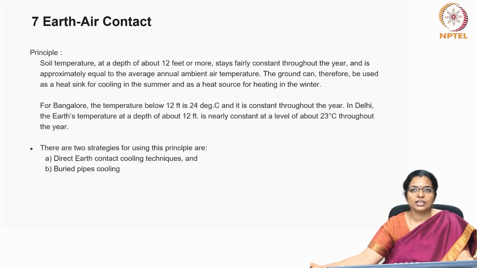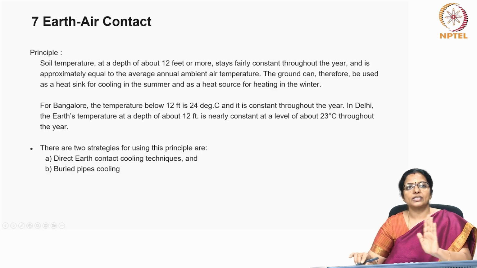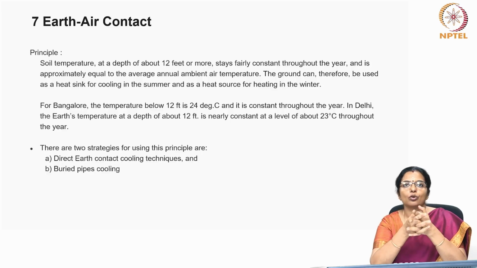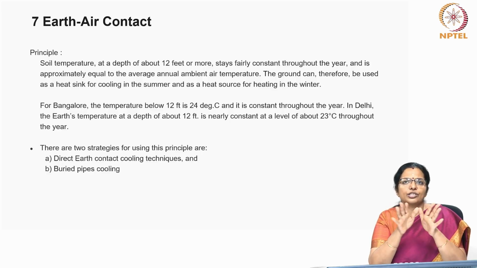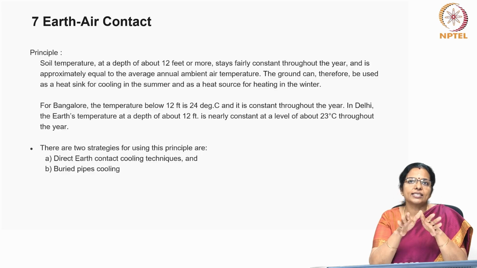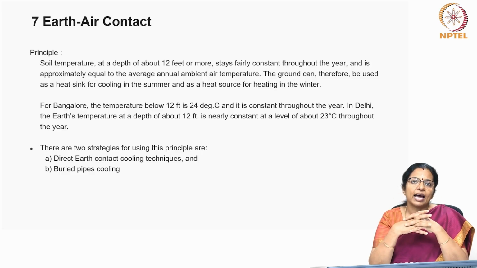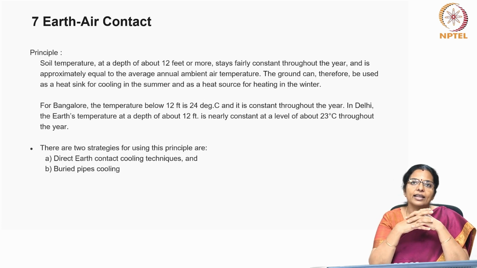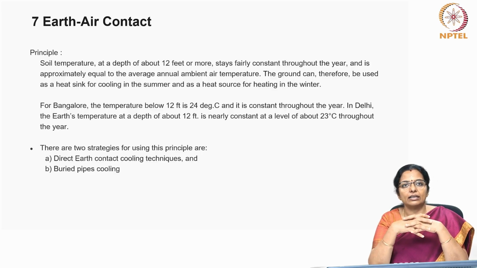Then you have earth-air contact. This works on the principle that the soil temperature at a depth of about 12 feet or more stays fairly constant throughout the year, and it is approximately equal to the average annual ambient air temperature. The ground can therefore be used as a heat sink for cooling in summer and heating in the winter.